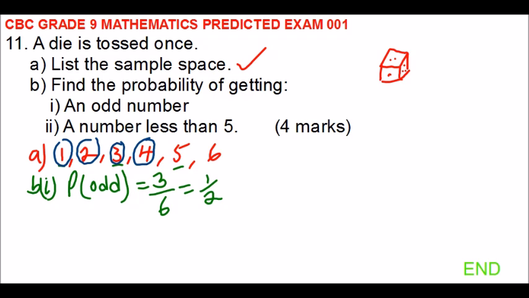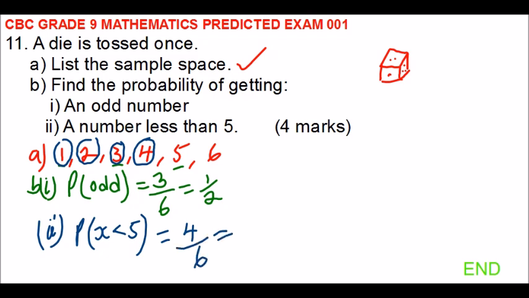So we say number 2, probability of getting, P stands for probability, a number x less than 5. How many numbers are there less than 5? There are 4, out of how many numbers? 6. When you simplify, you get 2 out of 3. So that is how you work out that on probability.